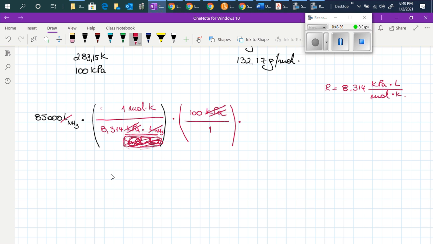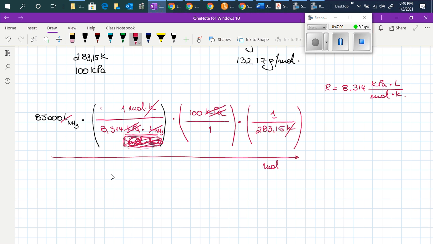So now we have to cancel the temperature. The temperature is in the numerator, so we will write it in the denominator, 283.15 K. So K and K are cancelled out. What you have now is moles of NH3. And since we have the moles of NH3, we know how to move to moles of ammonium sulfate using the molar ratio.